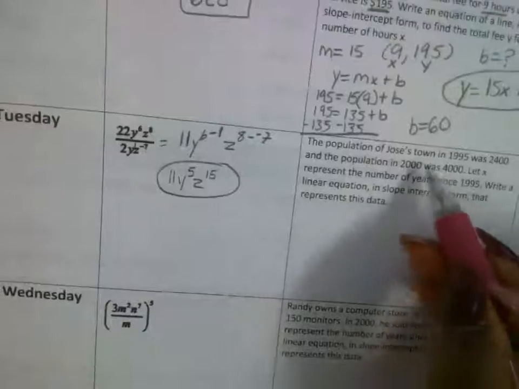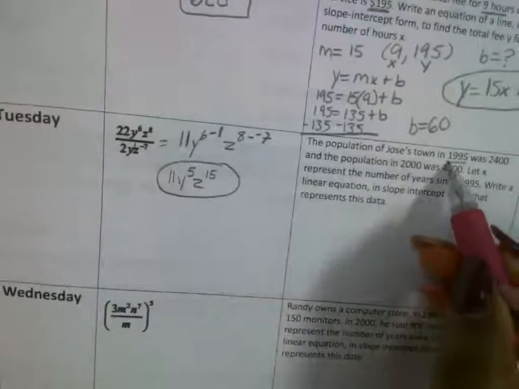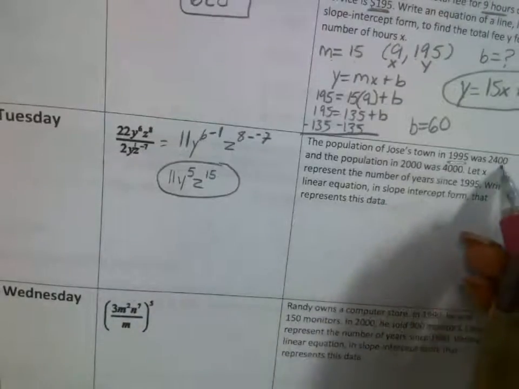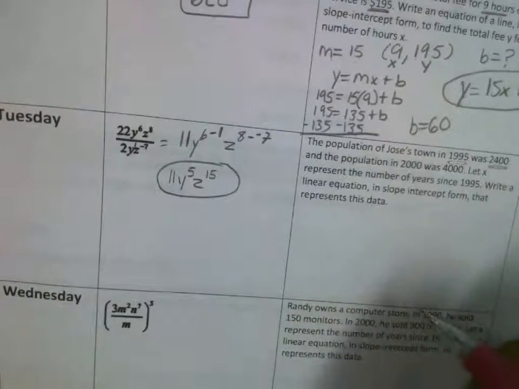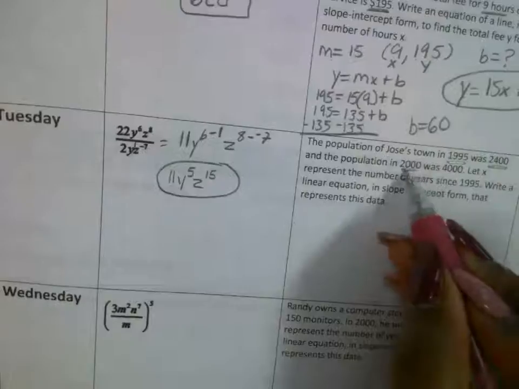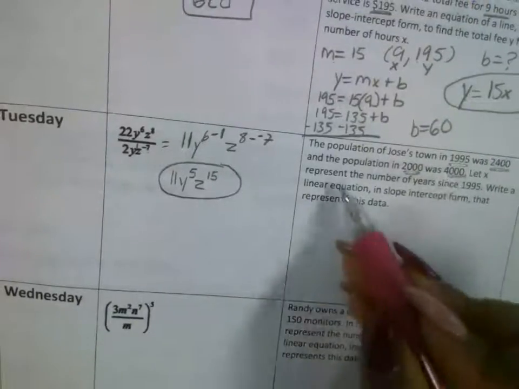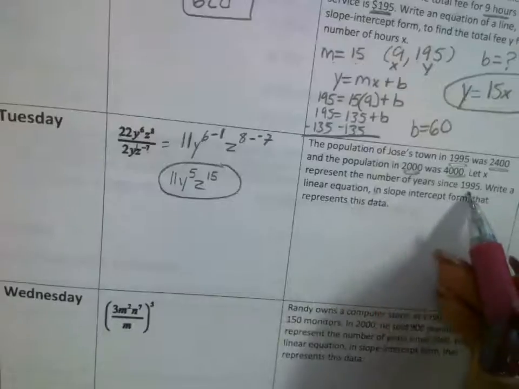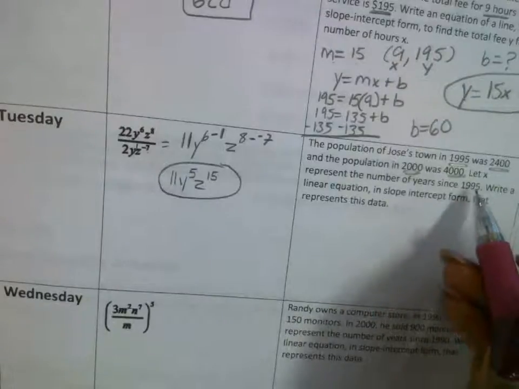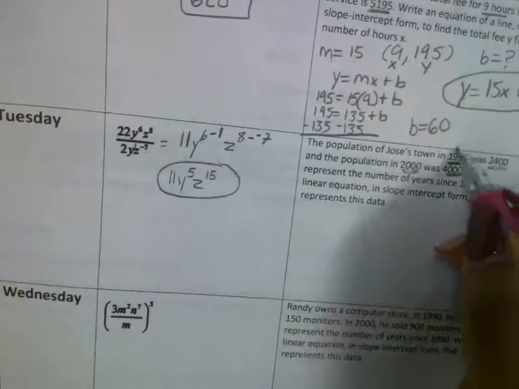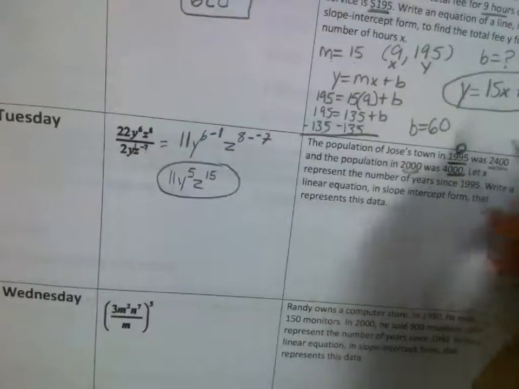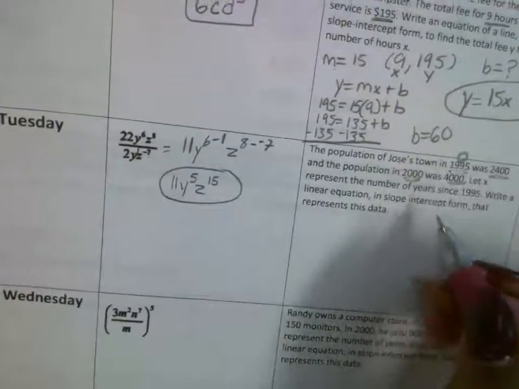Okay, so let's look at the second problem. The population of Jose's town in 1995 was 2,400. The population in 2000 was 4,000. Let x represent the number of years since 1995. So 1995 is the 0 year. They gave us basically 2 ordered pairs.